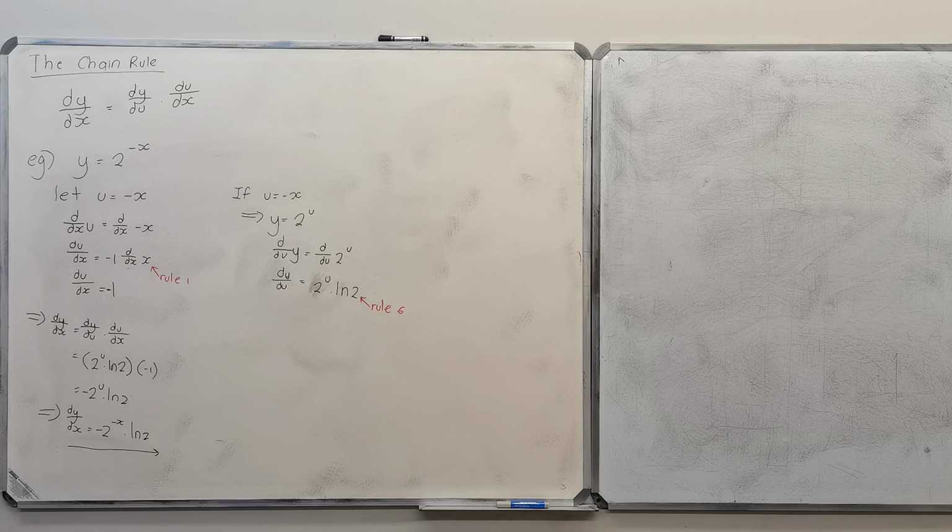So the first 15 rules are given to you, and you use the chain rule to get the rest. You're always going to come to a point where you have it in terms of one variable, so you can use the table to get the rest. That's why the table doesn't go all the way up to 25, but they give you the chain rule on the data sheet. Take a picture of this.